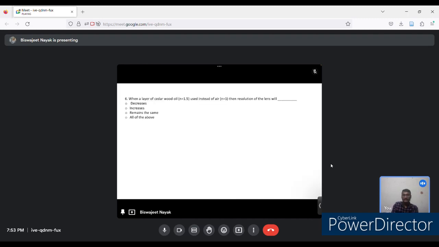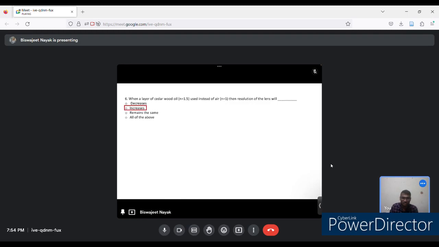When a layer of cedar wood oil is used instead of air, then the resolution of the lens will decrease, increase, remain the same, or all of the above? In class, sir has explained that whenever any medium is used instead of air with a refractive index more than what air has, which is one, it helps in accumulation of more light, which helps in increasing the resolution.